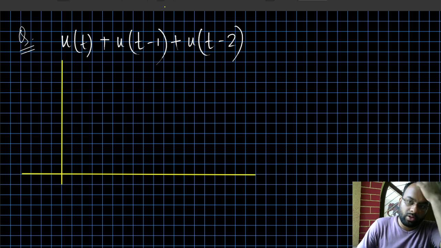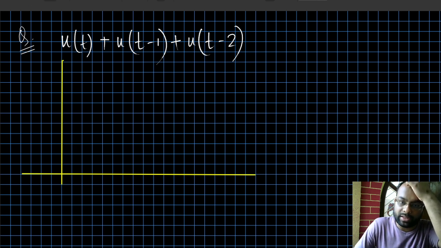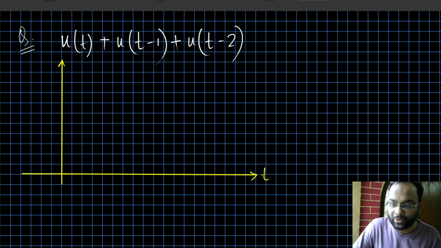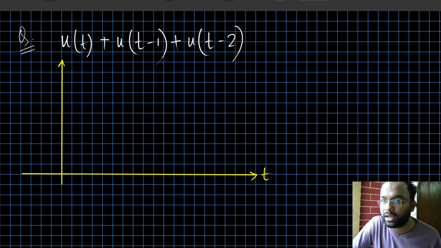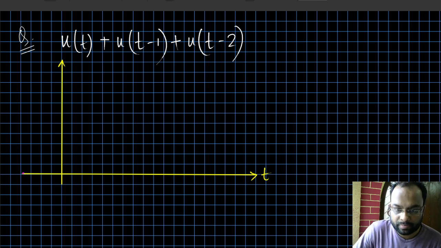So we are actually plotting this. The simplest answer is it will be like stairs, because u(t) is a unit step signal. So this u(t) would start at t equal to 0.